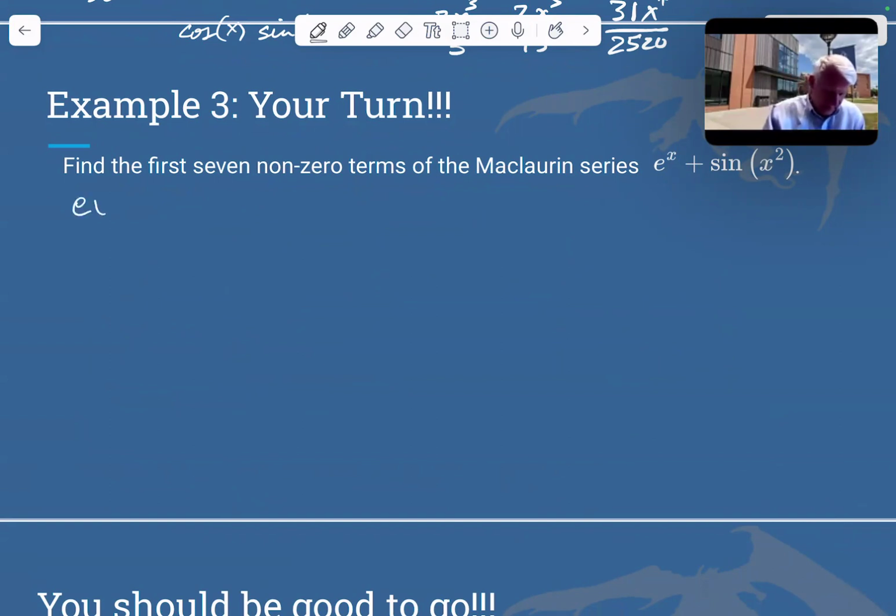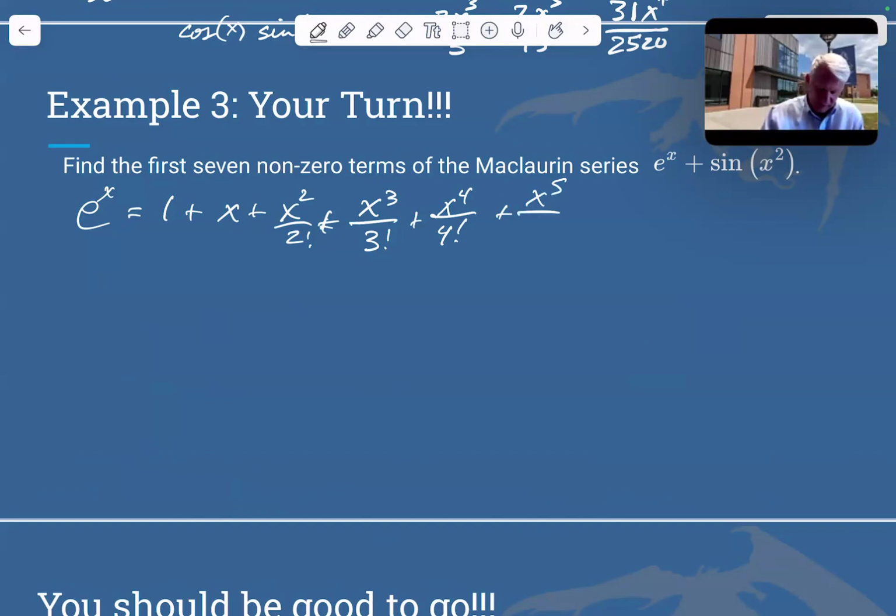So we know that e to the x is going to be 1 plus x plus x squared divided by 2 plus x to the third divided by 3 factorial plus x to the fourth over 4 factorial plus x to the fifth over 5 factorial plus x to the 6 over 6 factorial. So that's our first 7 non-zero terms.